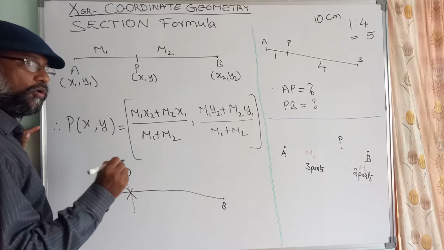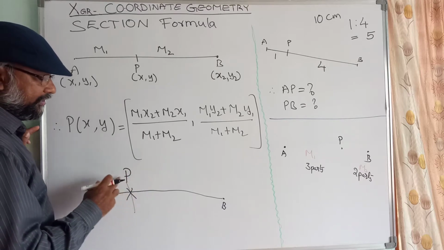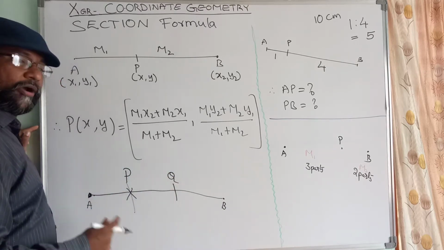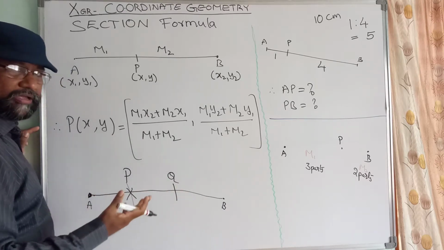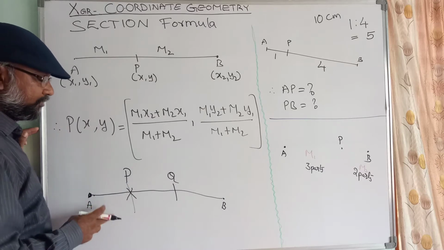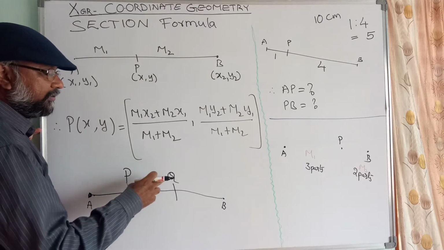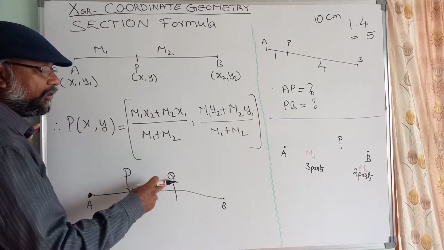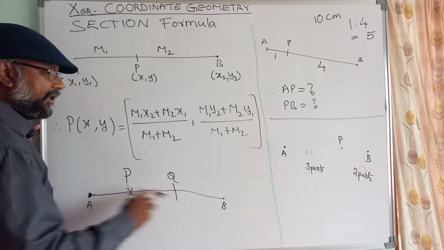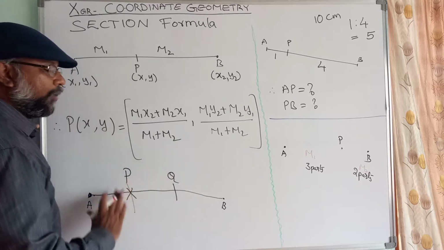So where are we going to separate? Here P, here Q. How many points are there in between 2 points? N number. So many points are there. So we can have a point. This point separates AB into two parts.